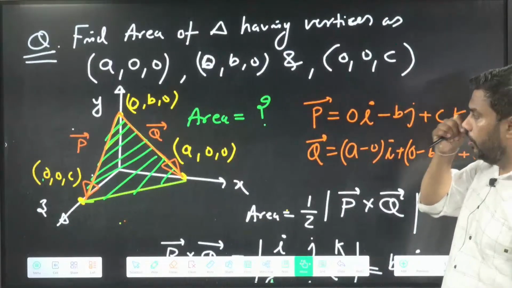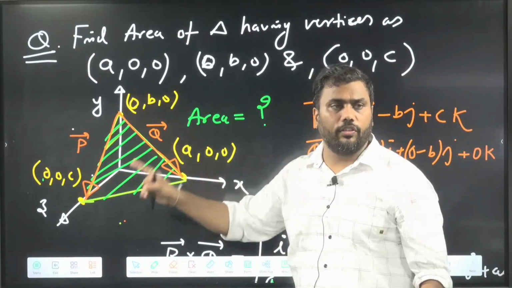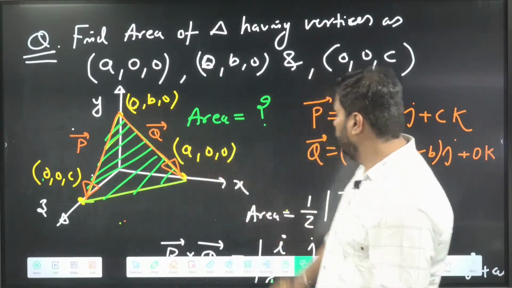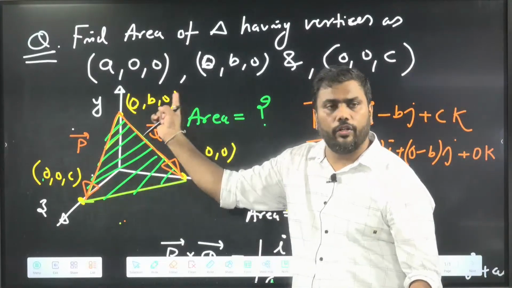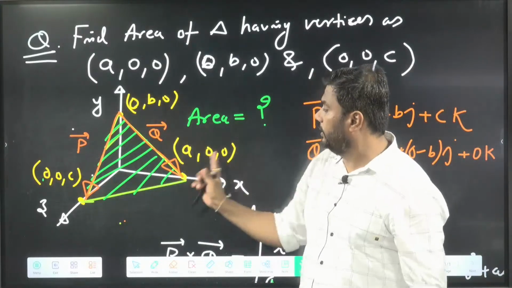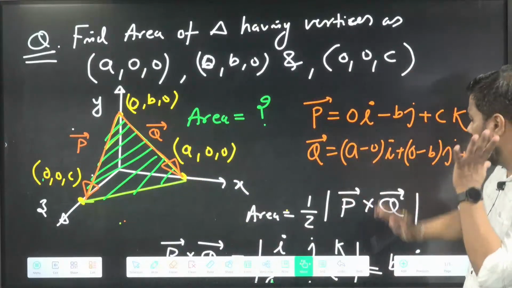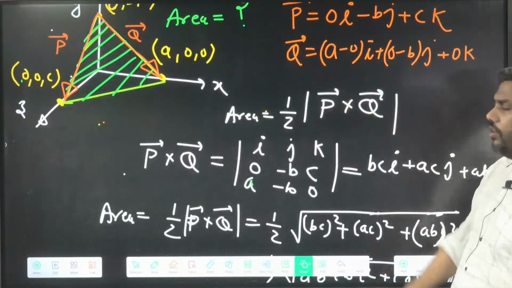In this question, the corner points of the triangle were given, so I calculated two side vectors of the triangle. The p vector and q vector are the difference of coordinates times i j k. Using that we can find the area. Area will be half of p cross q.